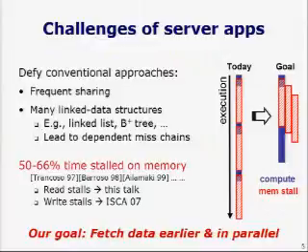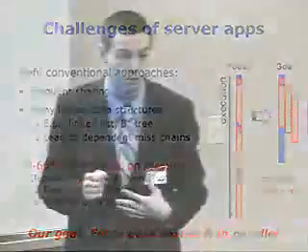Okay. So I told you at the beginning of this talk that things are particularly bad for commercial server applications like online transaction processing. So let's look a little bit at the characteristics of those applications which really confound these conventional approaches. I'm going to make the claim that server applications really do defy these two approaches to hiding main memory latency. So first of all, these applications depend very heavily on shared data structures, a lot of read-write sharing.